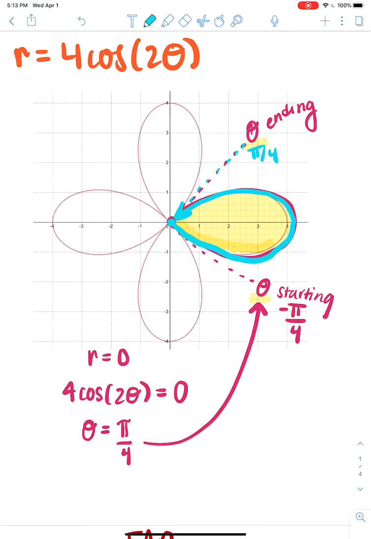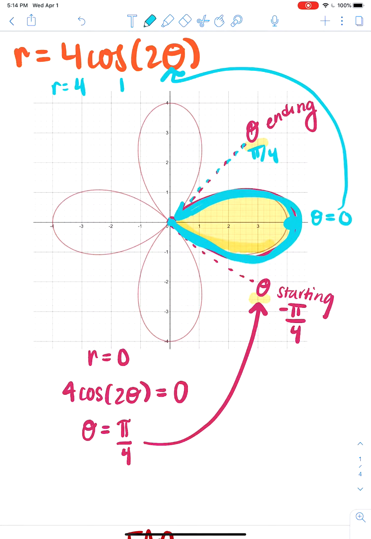A way we can check is, what happens when theta is equal to 0? Plug into our r. Cosine of 0 is 1, so r is going to equal 4. That's going to get us this point out here. So that's how we know we're tracing along this way. That's a quick check.